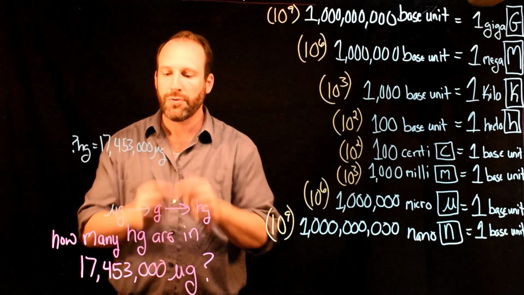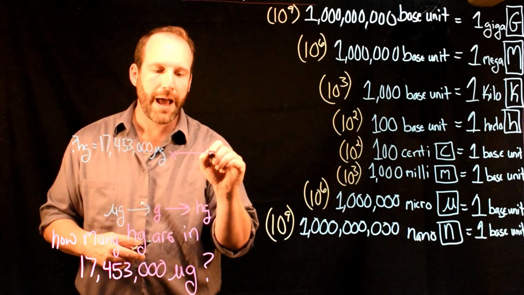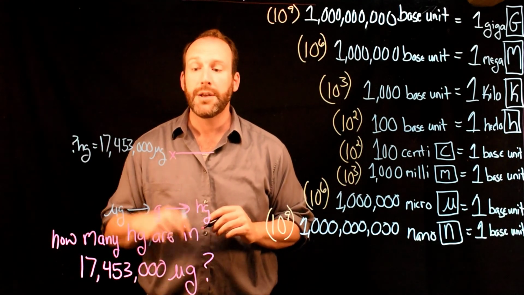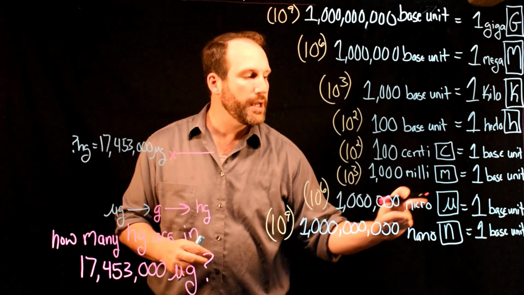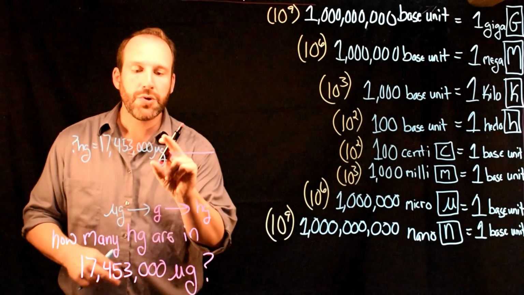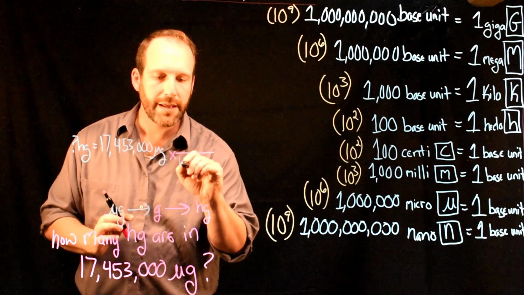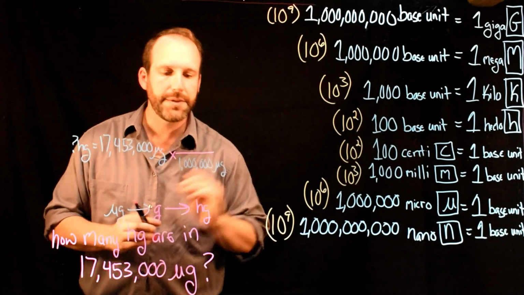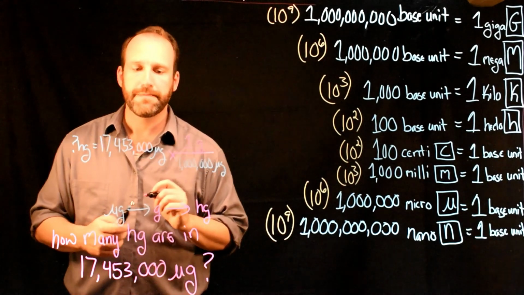We're in micrograms, we want to go to grams, so we're going to multiply by some equality that gets us from micrograms to grams. What we know is that there are 1 million micrograms in 1 gram. So we're trying to cancel out the unit micrograms, and so I'm going to say that there is 1 million micrograms in 1 gram.